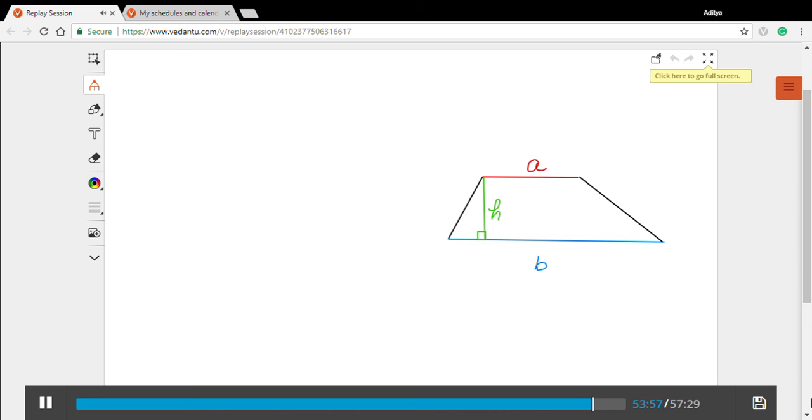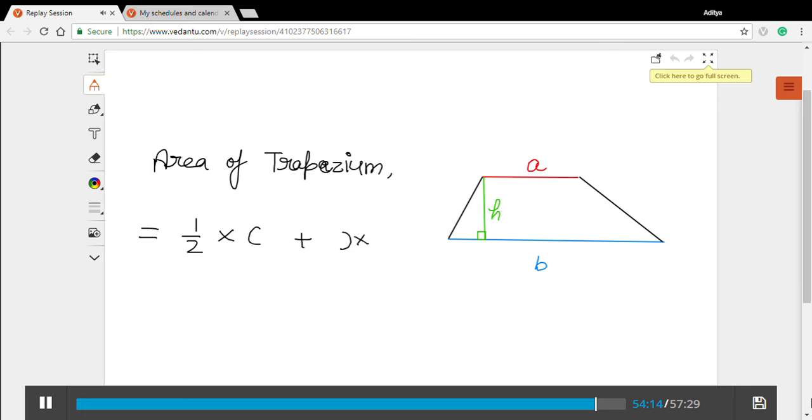So area of trapezium is equal to half times sum of parallel sides times height. One parallel side is a, the other is b, and the distance between them is h. That's it for the area of a trapezium.